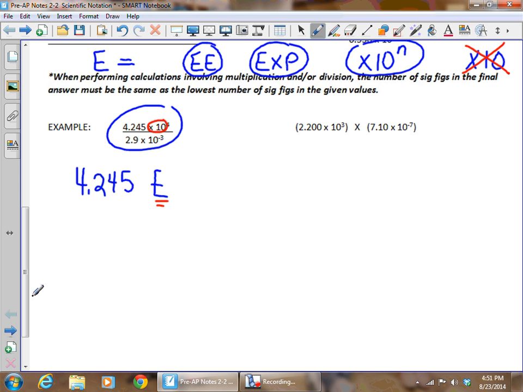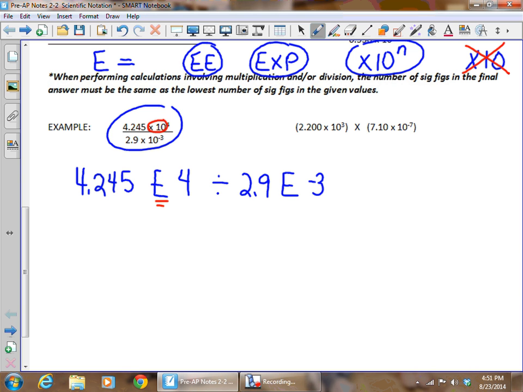Just push whatever your exponent button is. So E4, and then you're going to push the division button, divided by 2.9. Find your E button again, push that, your exponent button, do not push times 10, and then make sure you're pushing the negative sign, not the minus or subtraction button, but the negative sign, or -3. That's how you're going to put that value in.